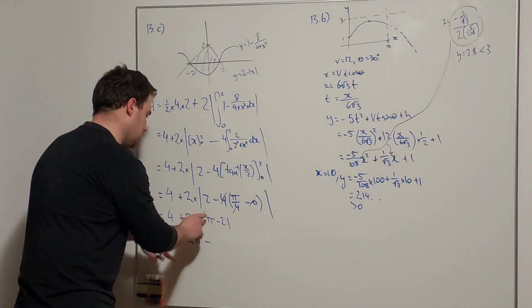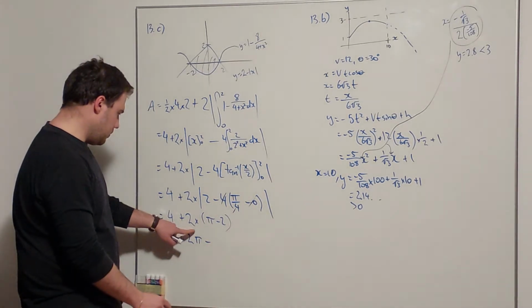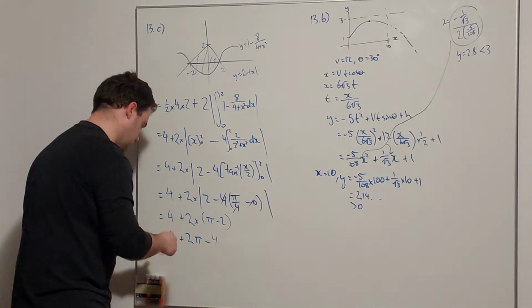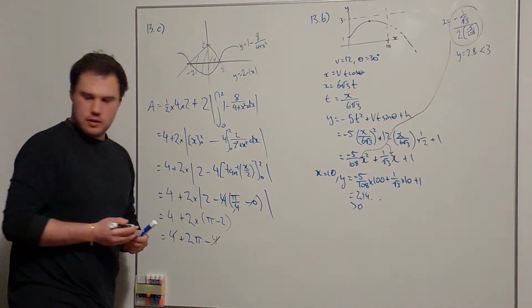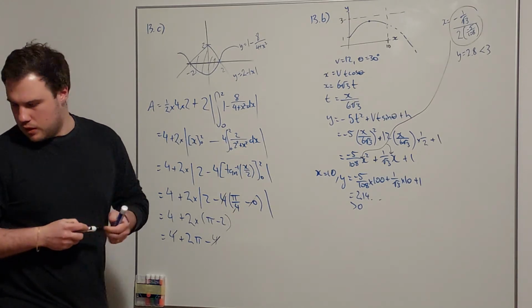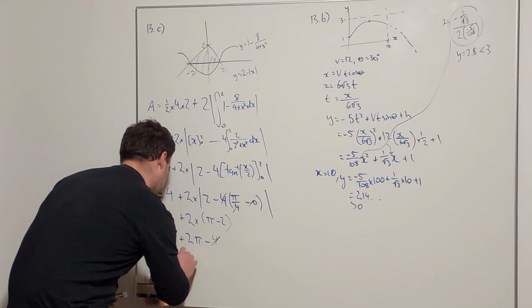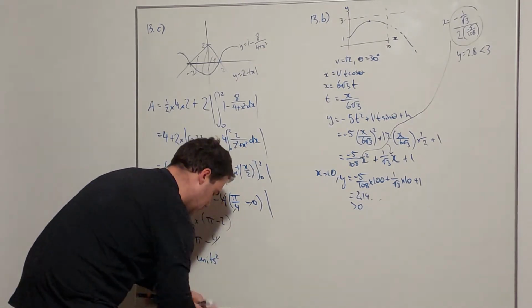We can treat these as just brackets to distribute across. Minus that 4, which is 2 pi, and I don't think this one had any units, so it's just 2 pi squared.